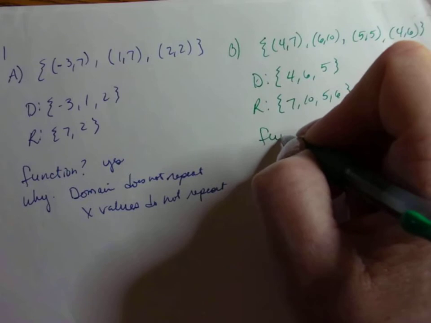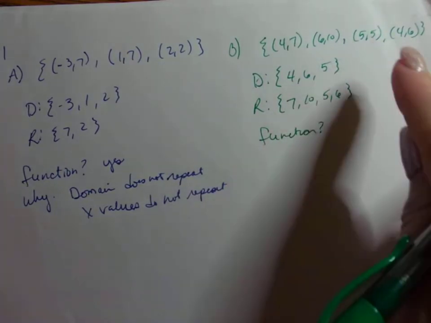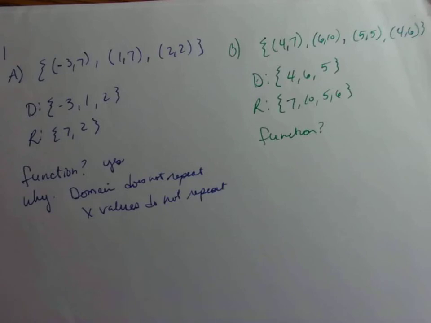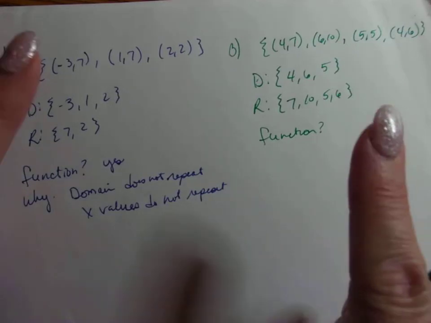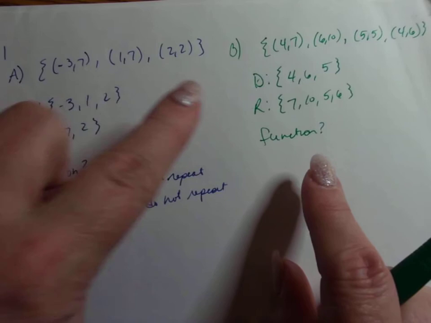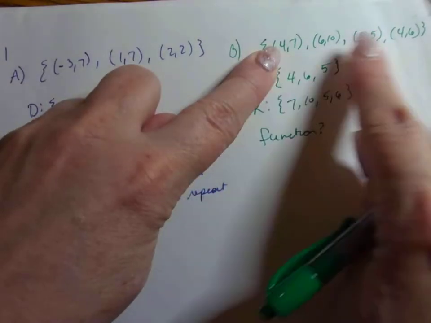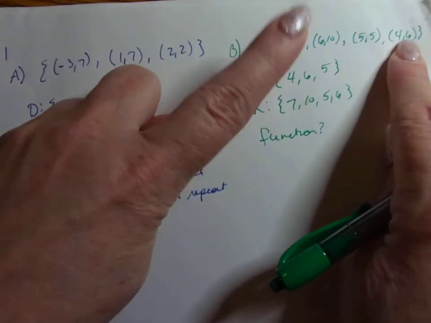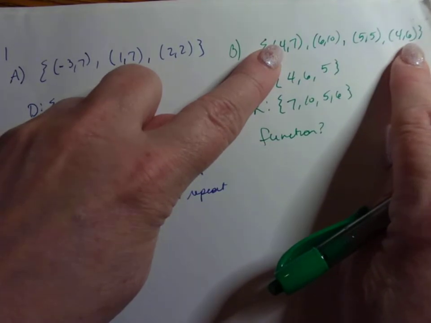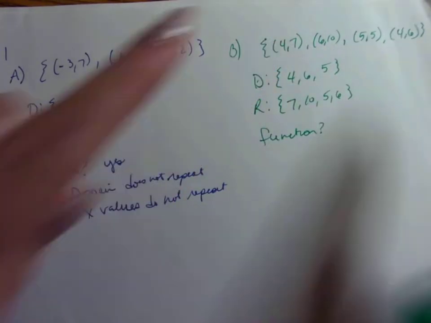So is this one a function? Well, this one is no, because remember, a function has one domain element get one range element. So if I put in a 4, I get out a 7, and I get out a 6. Because I get 2 answers, it's not a function. There are 2 elements for that x value.